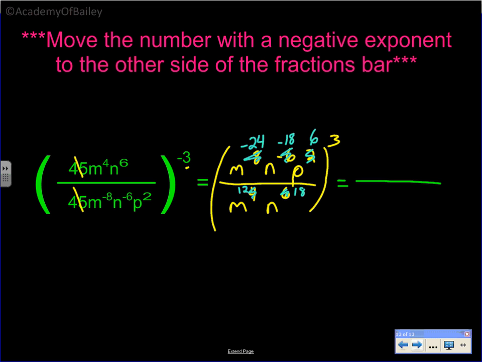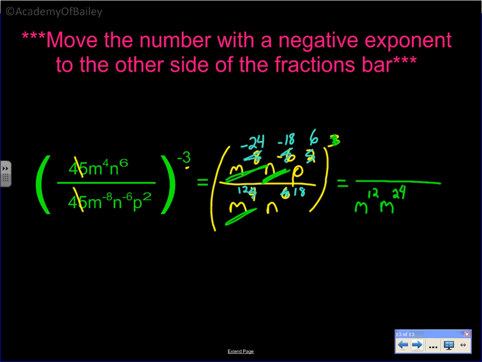And so from here, we have m to the 12th, m to the 24th. The 24 was negative. This was negative power, so it went to the bottom. And this one here stayed down bottom. Remember, we've already used that, so we can scribble out that exponent of 3.